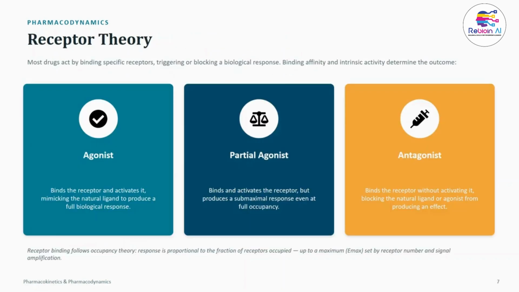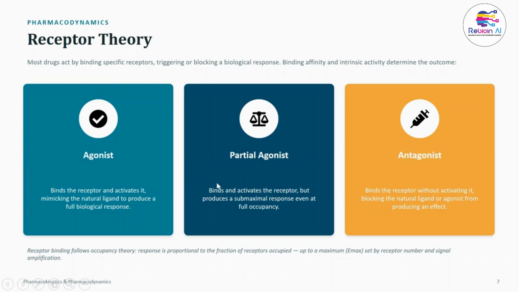Let's go with the next one, receptor theory. We'll discuss agonist, partial agonist, and antagonist. What is an agonist? A drug that binds the receptor and activates it, mimicking the natural ligand to produce a full biological response. Next is the partial agonist.